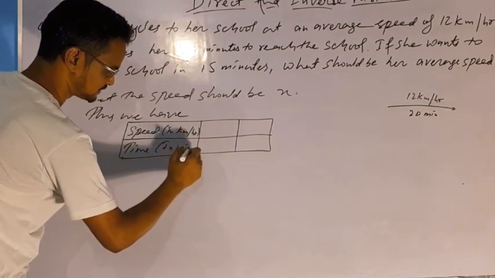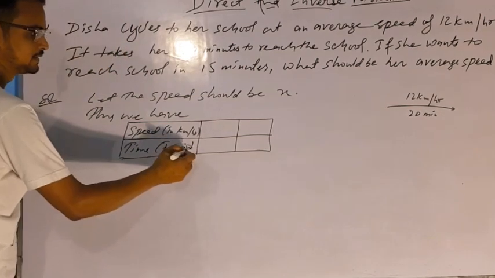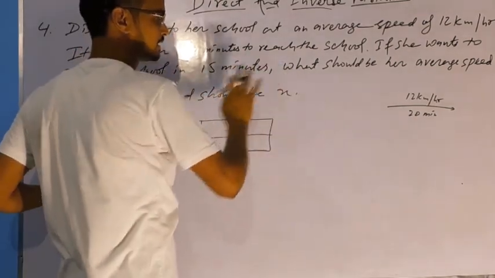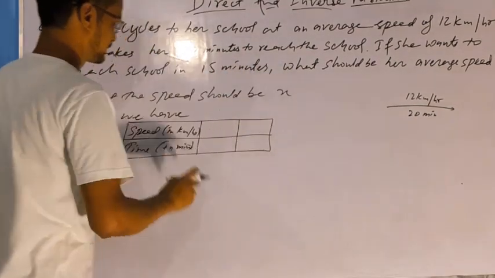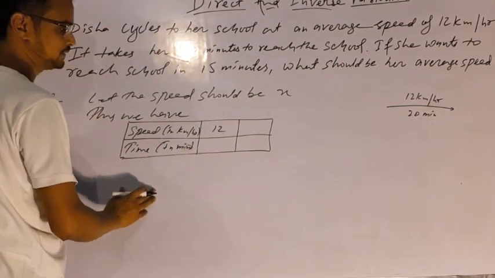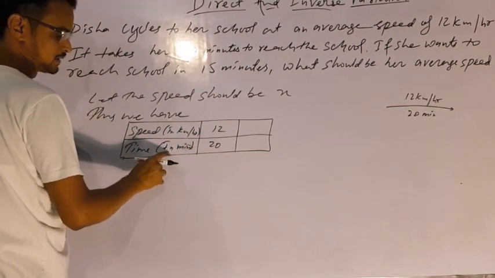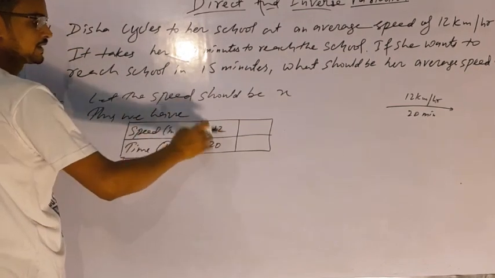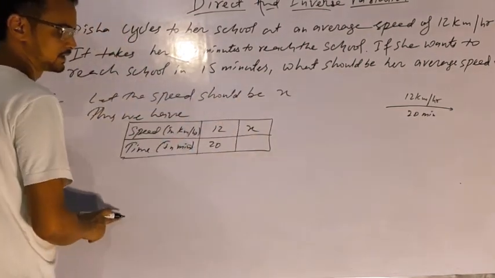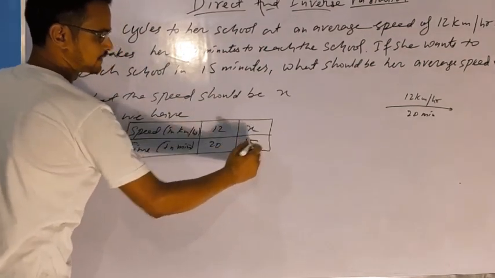Here we have not changed the units because the same unit will be cancelled. You may write that let the speed should be x kilometer per hour. Now speed is 12 km per hour, and the time taken is 20 minutes. It is minutes, no need to write again and again. And the new speed should be x, then the time taken will be 15 minutes.